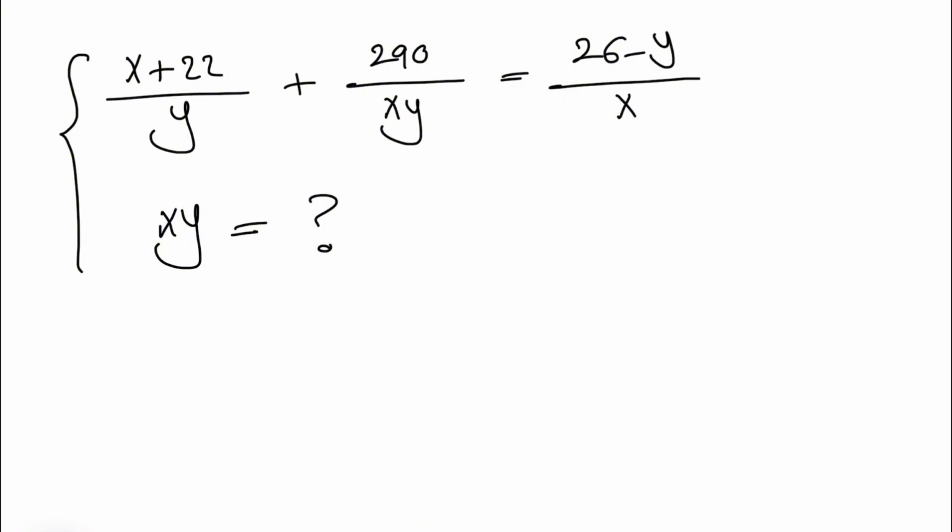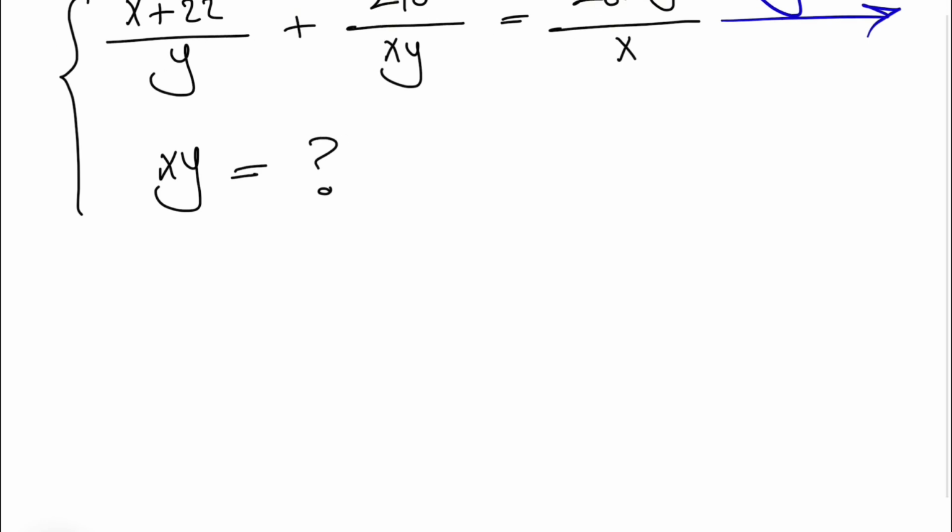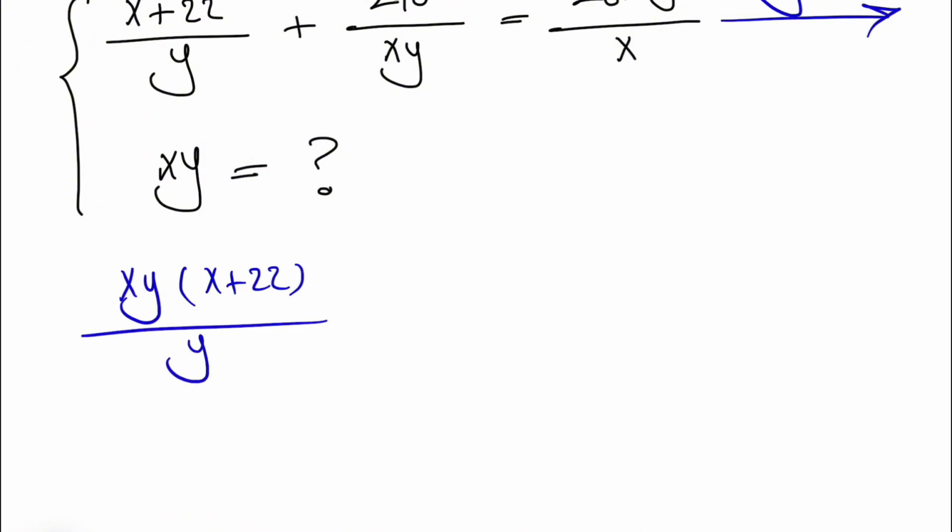So first of all, to get rid of the fractions that we have in here, we're going to multiply this equation by xy. So from the first one, we will have xy times x plus 22 divided by y. Second one, we have 290 times x times y divided by xy.